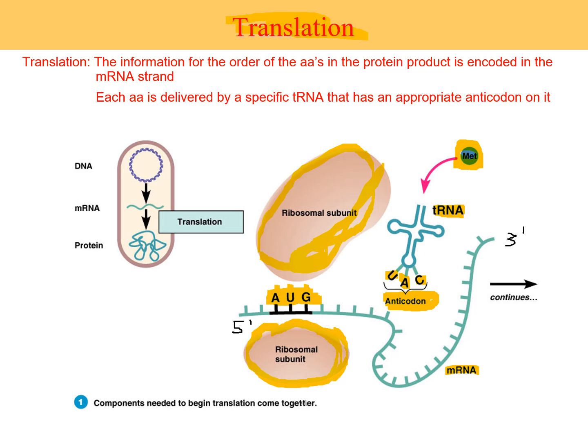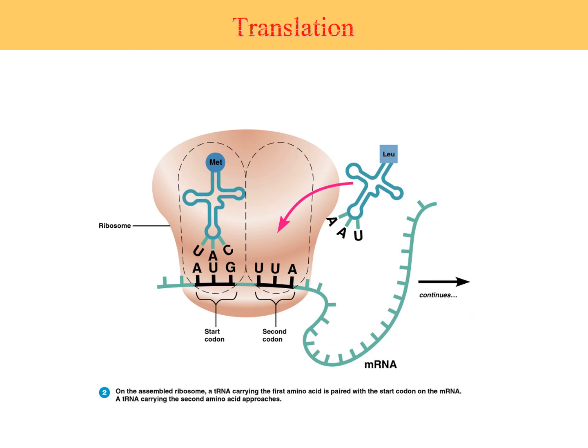So the transfer RNA acts as a delivery system. So first methionine is brought in, and the next codon here is UUA. So a transfer RNA that has this anticodon on it will bring in this particular amino acid.